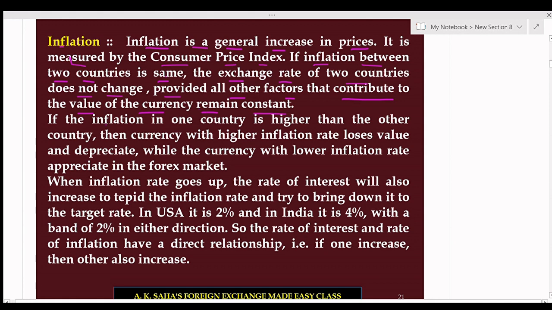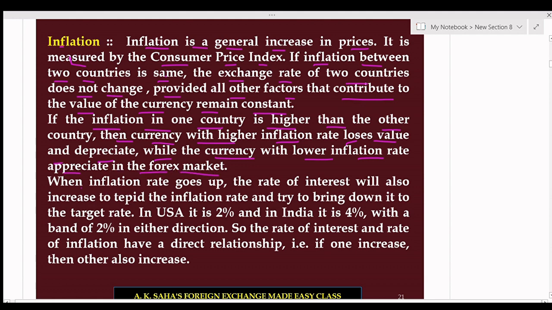If the inflation in one country is higher than the other country, then the currency with the higher inflation rate loses value and depreciates, while the currency with the lower inflation rate appreciates in the foreign exchange market.